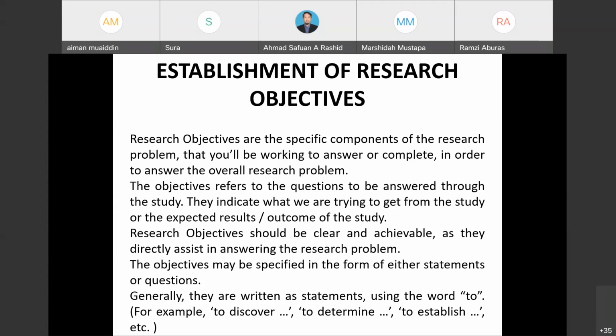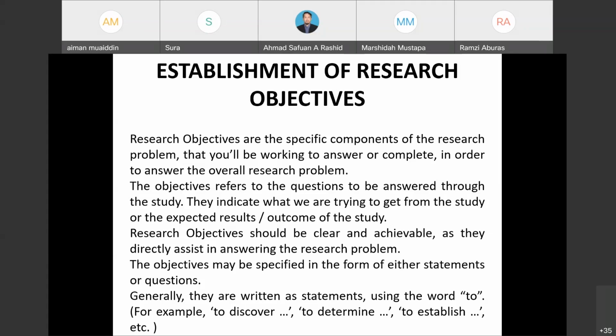Then you can have another objective, for example, to determine the engineering properties due to the increment of stabilizer agents.